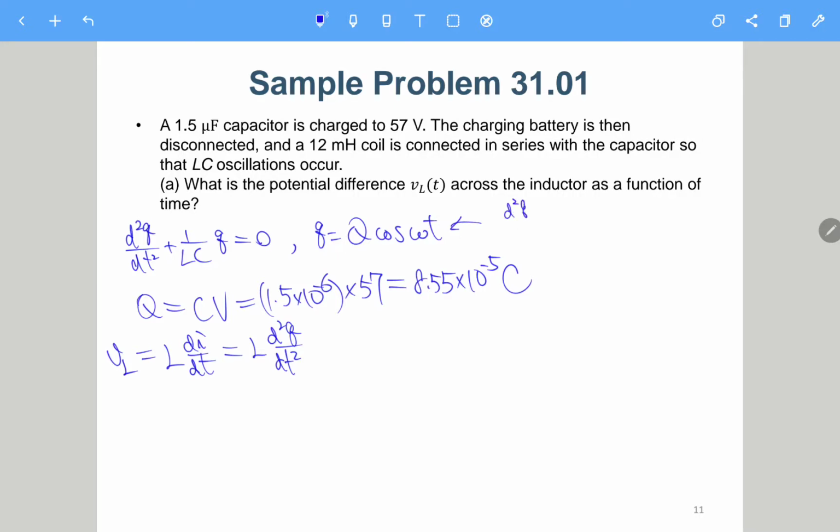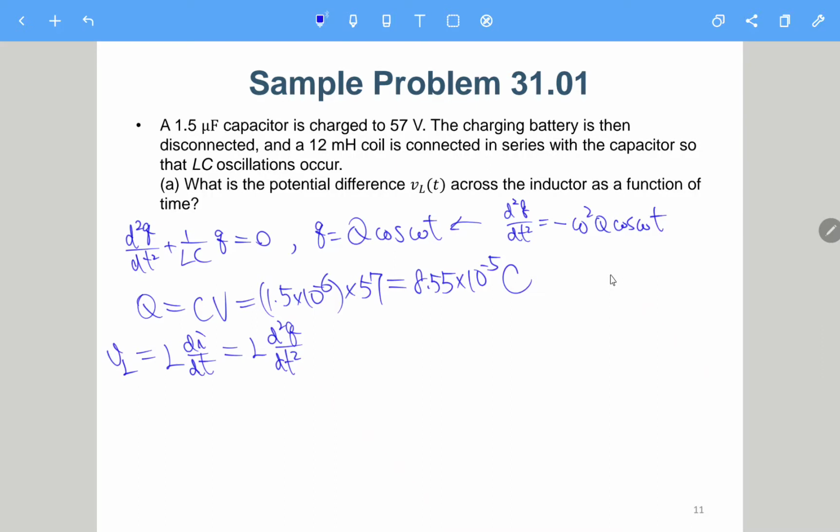So d²q/dt² is nothing but negative omega squared q cosine omega t. When you take the derivative, it becomes negative sine, and then the second derivative becomes negative cosine, and we need to apply the chain rule two times, so we have an omega square here.